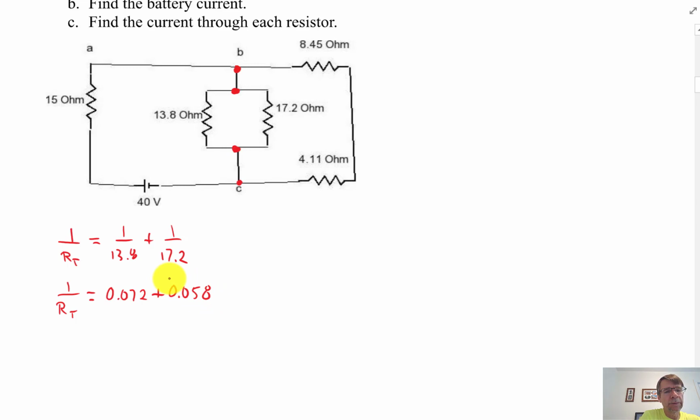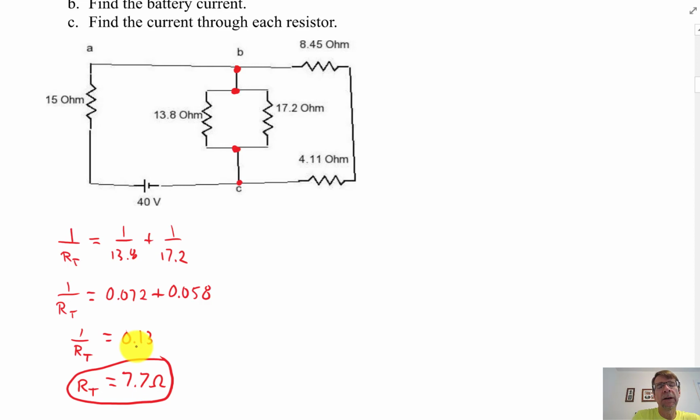Okay, I get 1 over R total equals 0.13, I believe. And then I flip that over. R total is going to be 1 over that, 7.7 ohms. I'm going to circle that. That's important. It's not my final answer.